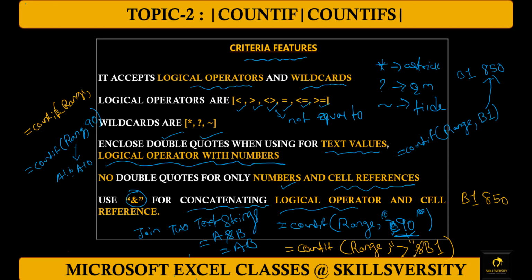If you put ampersand symbol in between, then behind the scenes, it is nothing but greater than 850. So if you are referring to any cell using logical operator, put that logical operator in double quotes and enter an ampersand symbol and then cell reference. That's how it works, right? We'll see it in the example.